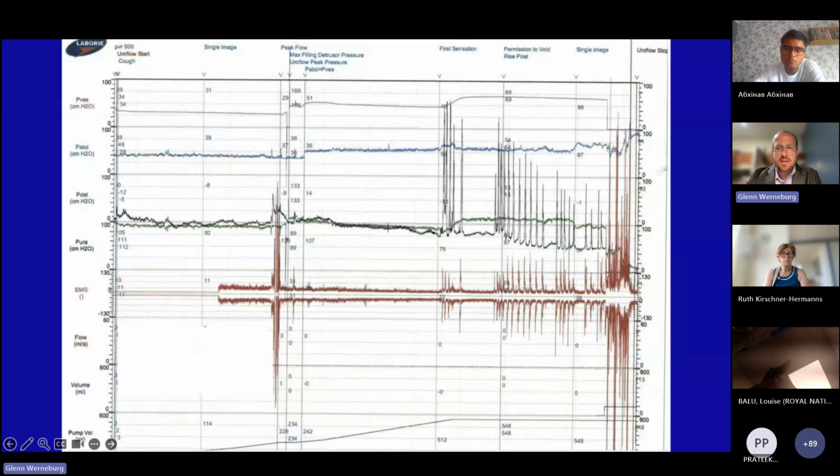You can see that permission to void is granted towards screen right about three-quarters of the way through the study, and then you can see that there's increased EMG activity at the start of the void or the attempt to void here in the context of increased PDET as well.